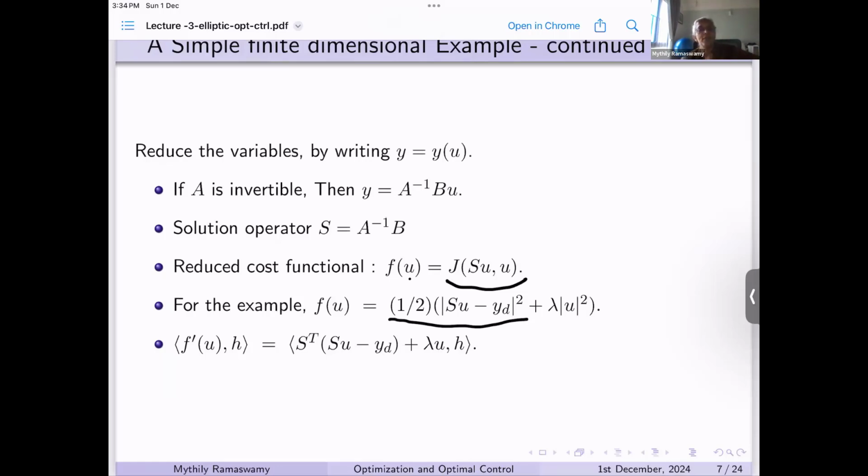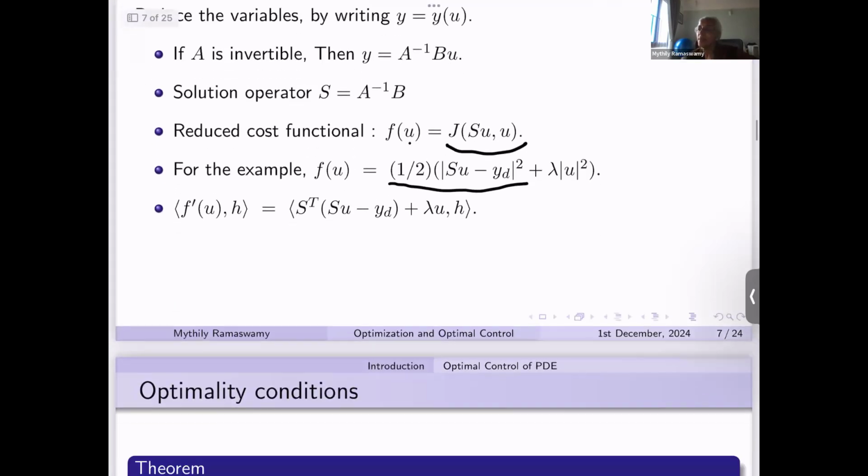So that will be the derivative. So here you have to recall multivariable calculus, how to differentiate a quadratic function in Rn. And lambda u squared will give me 2 lambda u. The one half and the 2 have disappeared, so they cancel each other. So this is the derivative which I can calculate easily.